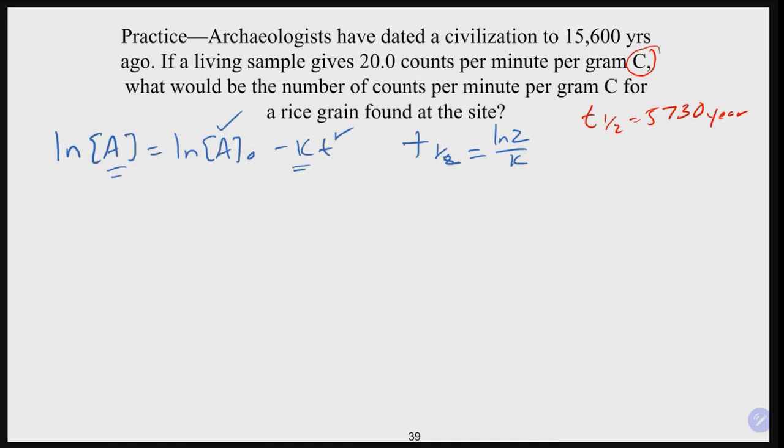So once again here, we do need to count our K, and it will come out the same as the previous problem, as it is still carbon, and we're using the same half-life, obviously. So our K here, once again, will be the natural log of 2 divided by 5730 years. And I believe that was 0.000121, if I remember correctly.